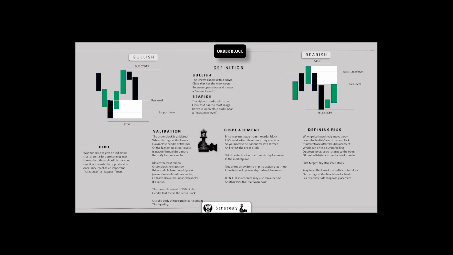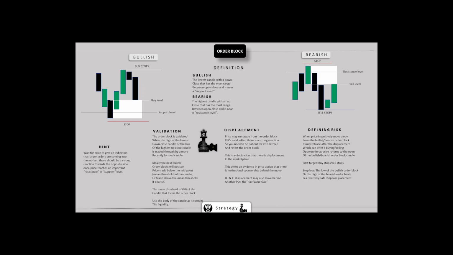You don't want to see price going past that in a bullish situation, and you don't want to see it pass that mean threshold to the top if it is a bearish order block.